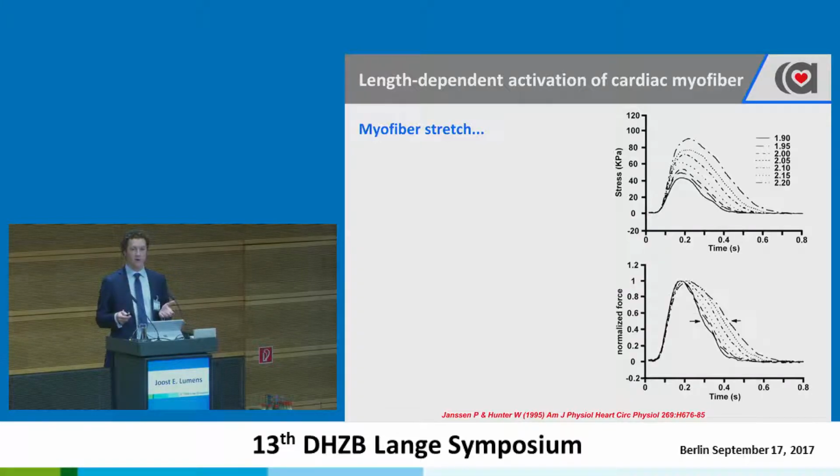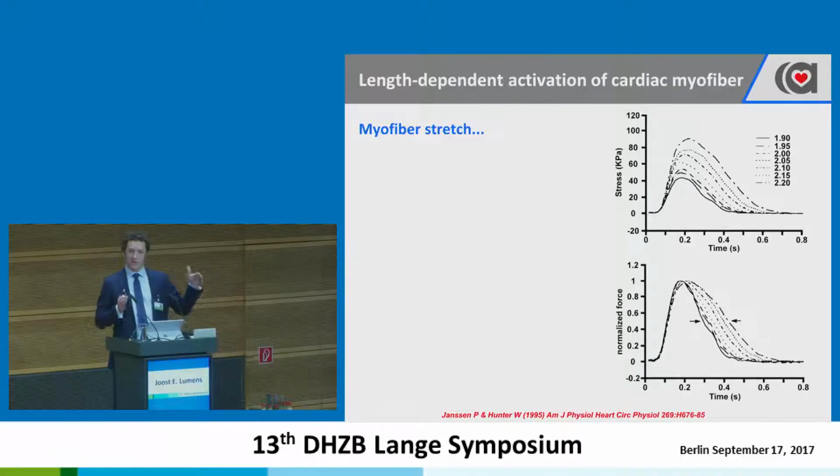property of myocardial tissue, which we all know as being the Frank-Starling mechanism, and that is that if you stretch a myocyte, it produces more force and it prolongs its activation.